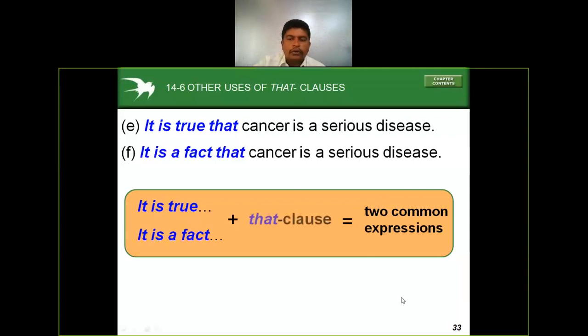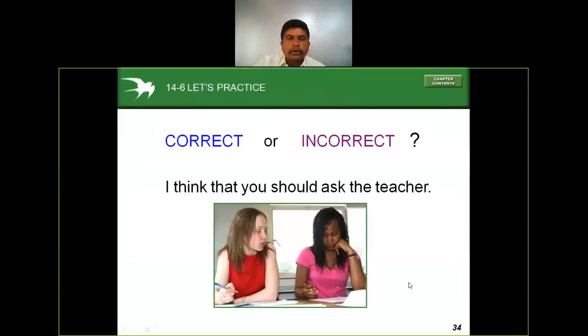Now we shall go with correct or incorrect statements. Shall we go with some fun? This is called home fun. I think that you should ask the teacher. Here is a lady sitting with her head bowed, looking down at something she has written, and the lady sitting next to her is advising her.